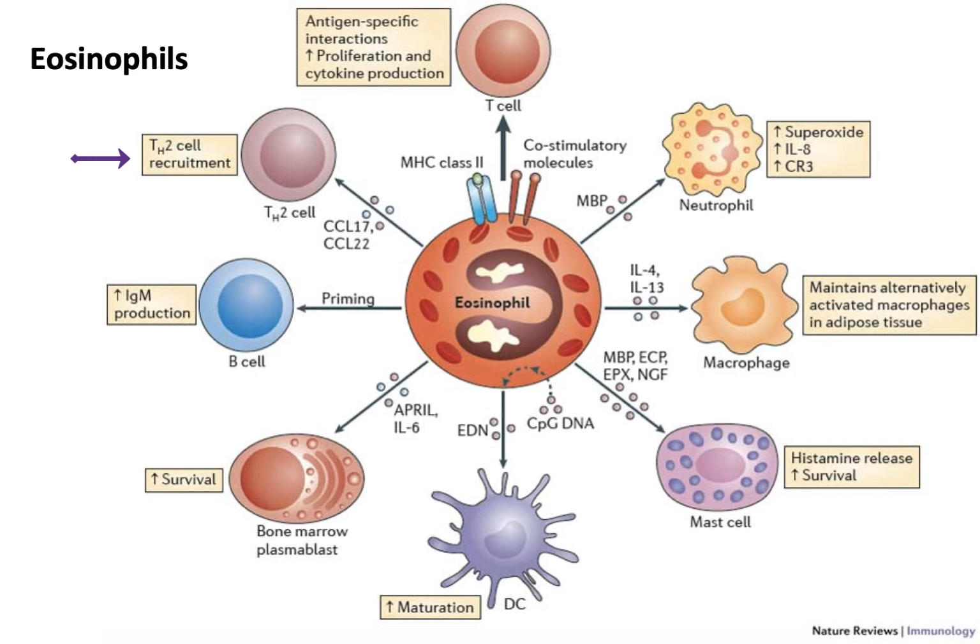antigens that are remaining. Here it primes B cells, that is, causes them to make more of their immunoglobulin, in this case immunoglobulin M. It also promotes survival of the plasma cells in bone marrow. It causes maturation of the dendritic cells through also release of certain cytokines.